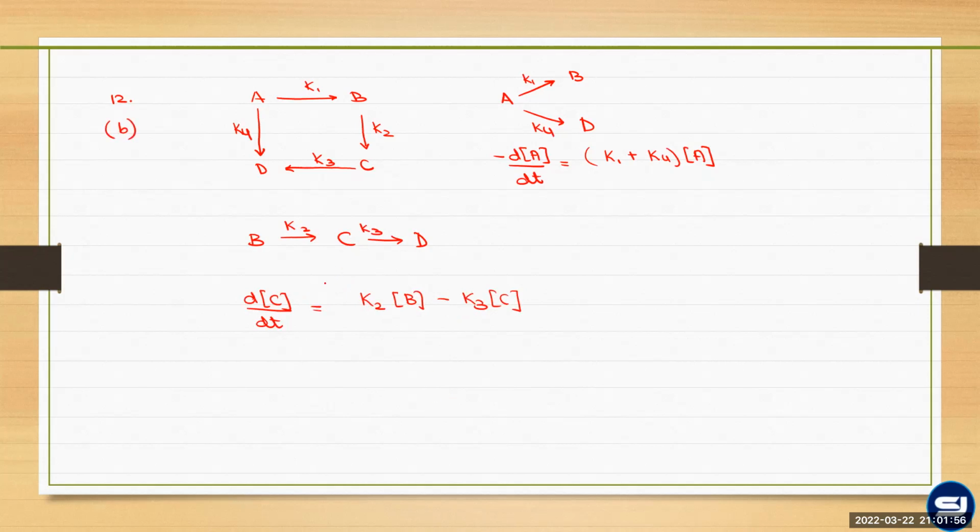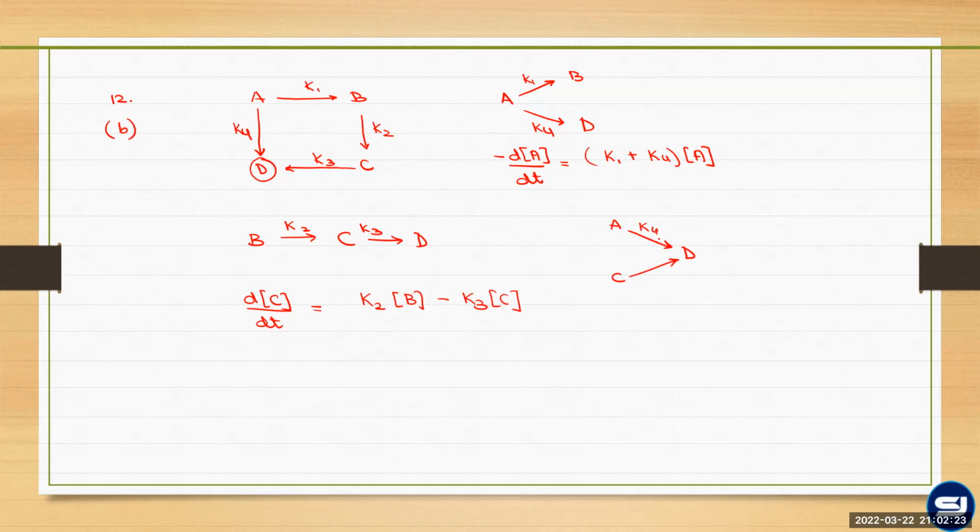Similarly dD by dt पूछा है, तो dD by dt, now D is obtained from A also and from C also. तो बेसिकली ये ऐसा रिएक्शन है जहां पर D बन रहा है A से और opposite of parallel, yes, but two reactants are giving you the same product, है ना?